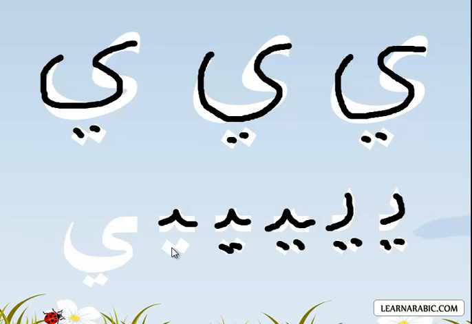Once more, you can also go like this. In some styles of written script, you can do a horizontal stroke to represent two dots, and finally at the end like this.